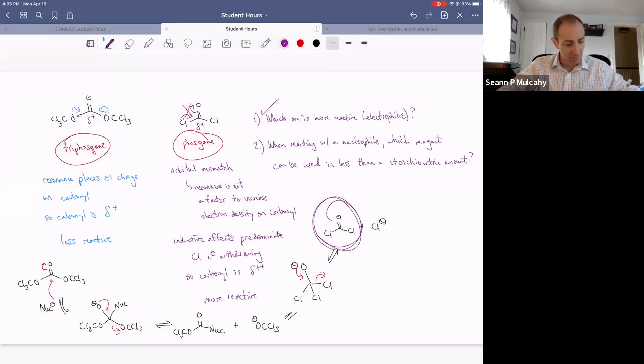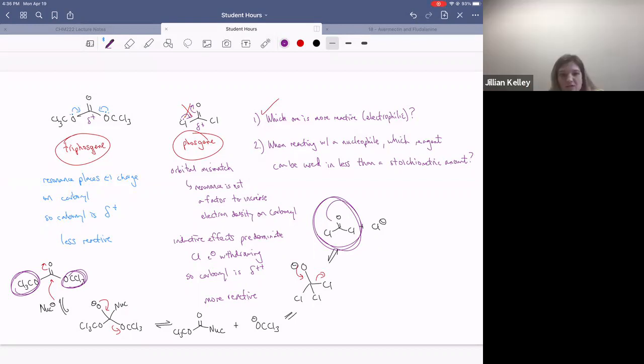So you've got 2 molecules of phosgene embedded within here. So you really only need 1/3 of the amount of triphosgene to react with all of your nucleophile. Makes sense? Yes, thank you.